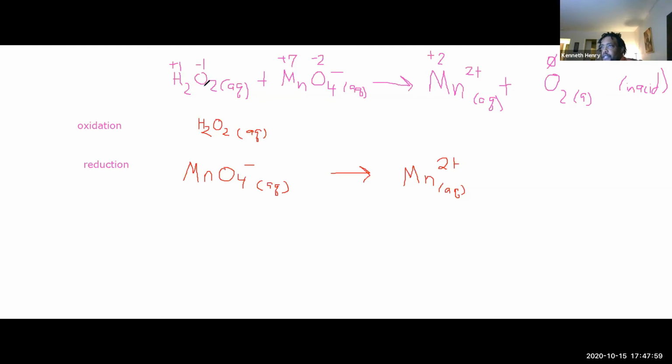And that makes sense because this guy is going from a -1 to a 0, right? Isn't that a loss of an electron? Yes. Okay. What's next?